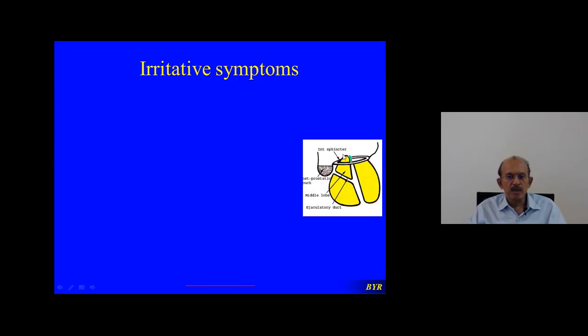The median lobe of the prostate enlarges into the bladder between the internal urethral sphincter and the mucosa. As it grows upwards, it carries the prostatic mucosa also along with it into the bladder lumen.